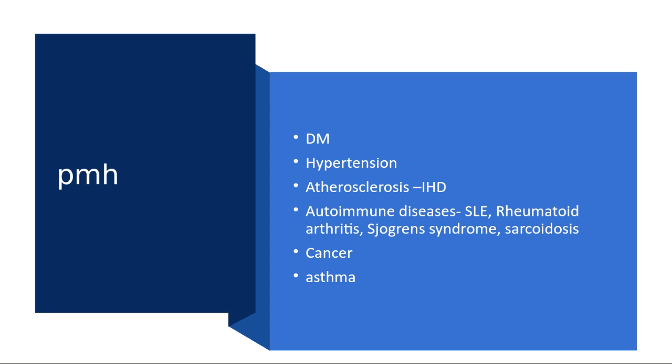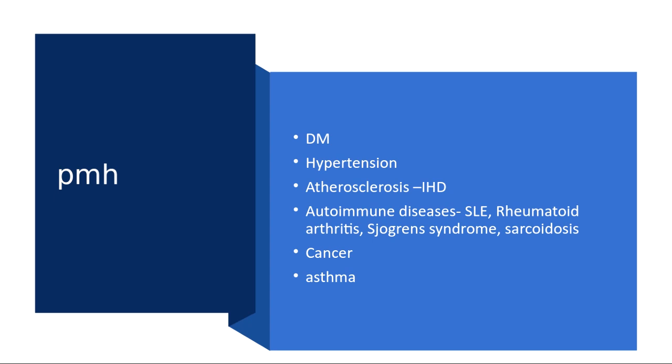Cancers, yes, it's important to ensure that you ask about cancers, because you can have primary and secondary cancers. There are cancers, particularly colon and breast, which metastasize to the eye, and you get choroidal metastases. So it's very important to ask about cancers. And also asthma.